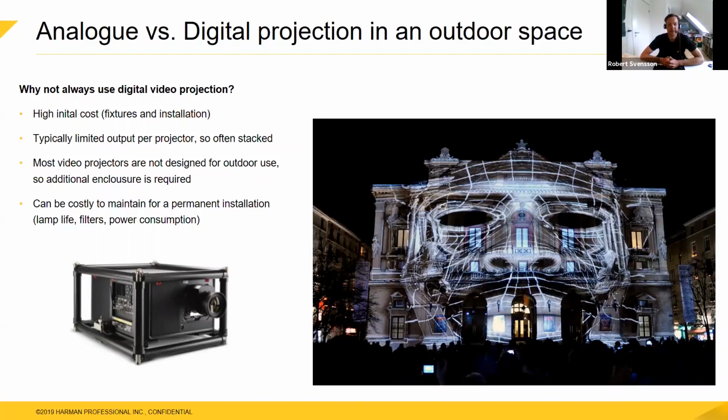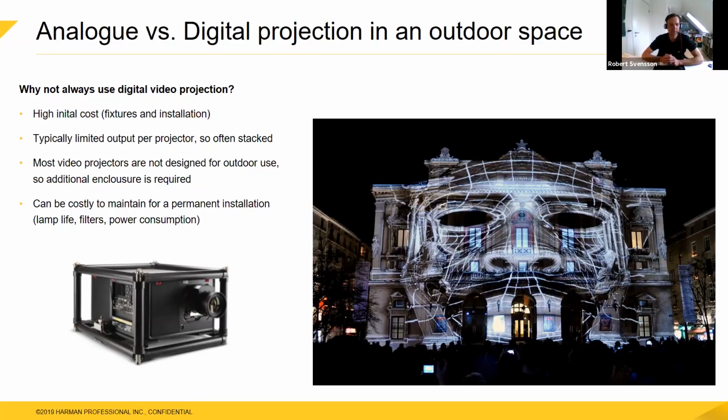And on top of this, most of these video projectors are not really designed for outdoor use. So you would need to figure out how to protect them from the weather, either to maybe build a shed or find an additional enclosure. And this enclosure most likely needs to be climate controlled, because these projectors have limited specifications in terms of ambient temperature and humidity.